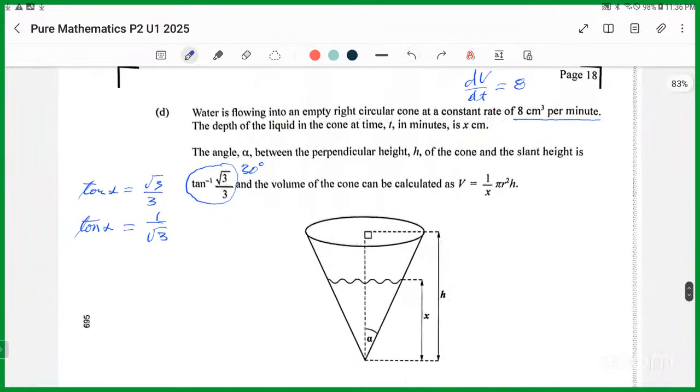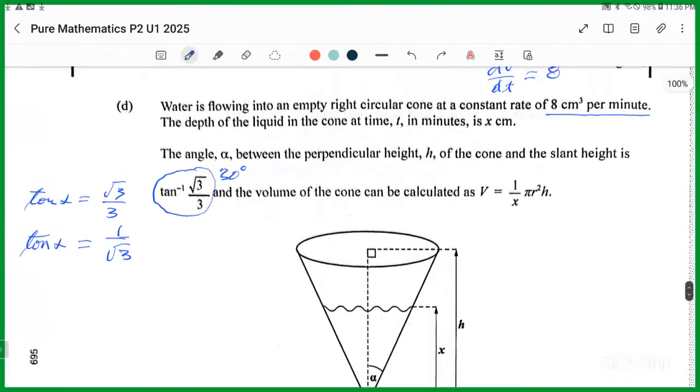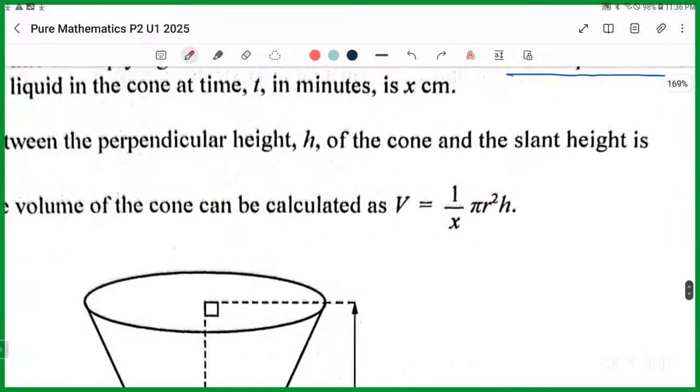It says the volume of a cone can be expressed as V equals 1 over 3 pi r squared h. This is supposed to be a 3, 1 over 3 pi r squared h, the volume of a cone.